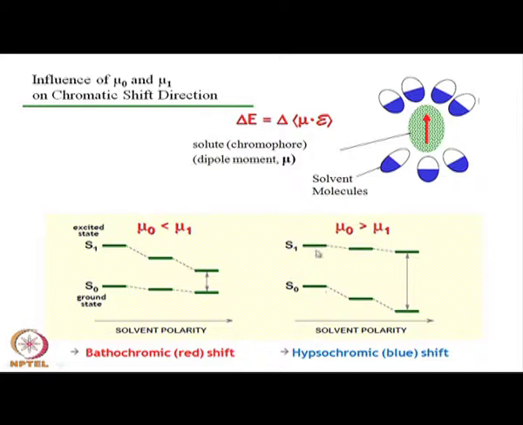For low polarity solvent its emission will be on the red side, and for high polarity solvent it is on the blue side. So by invoking the idea of solvent polarity, you can explain this solvatochromism. Solvatochromism means the solvent polarity dependent color of the system, both in emission and in absorbance.